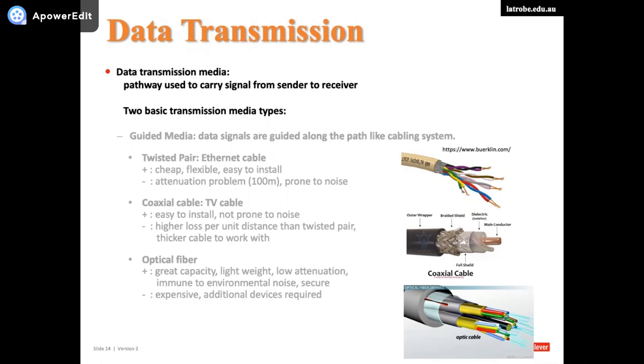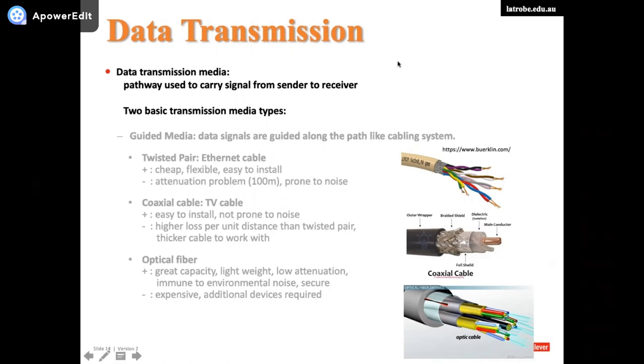That's why we have to use electrical to optical or optical to electrical converters. And this converter is usually very expensive. So those are the two main problems of the optical fiber cable.